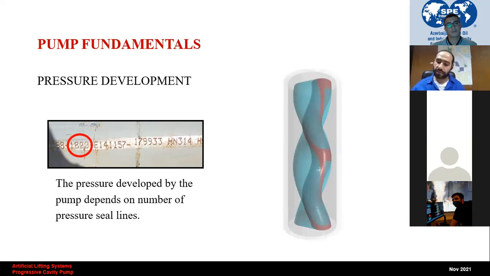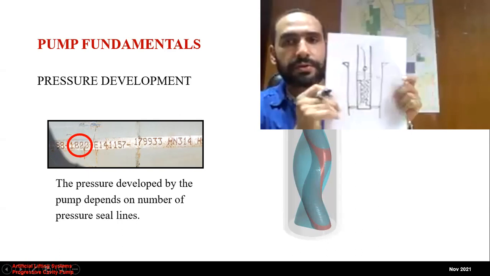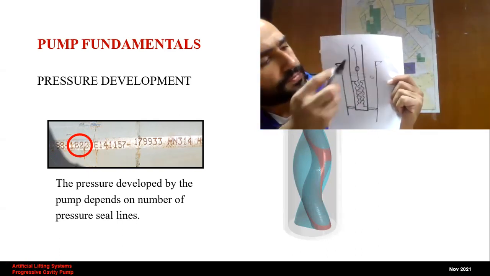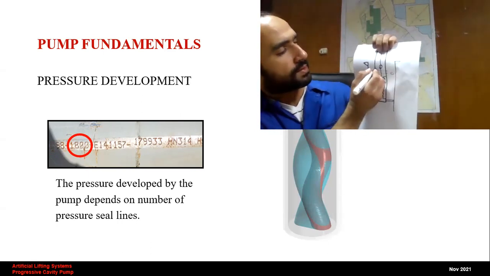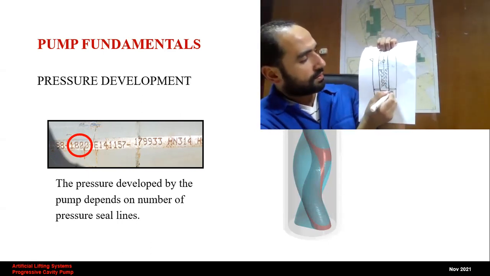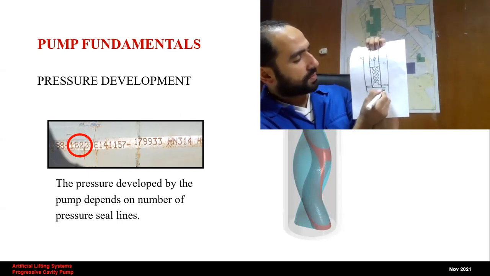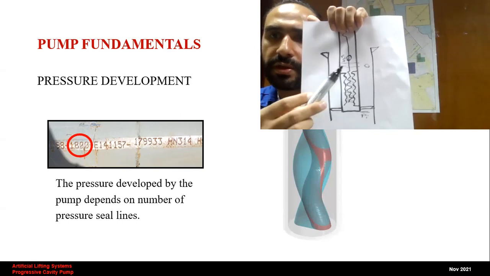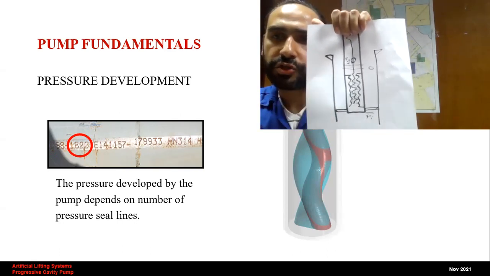Again, on the same drawing, as you can see here, this is the pump. Just above the pump, this is the charge pressure, and this is the pump intake pressure. This is the pump discharge pressure.